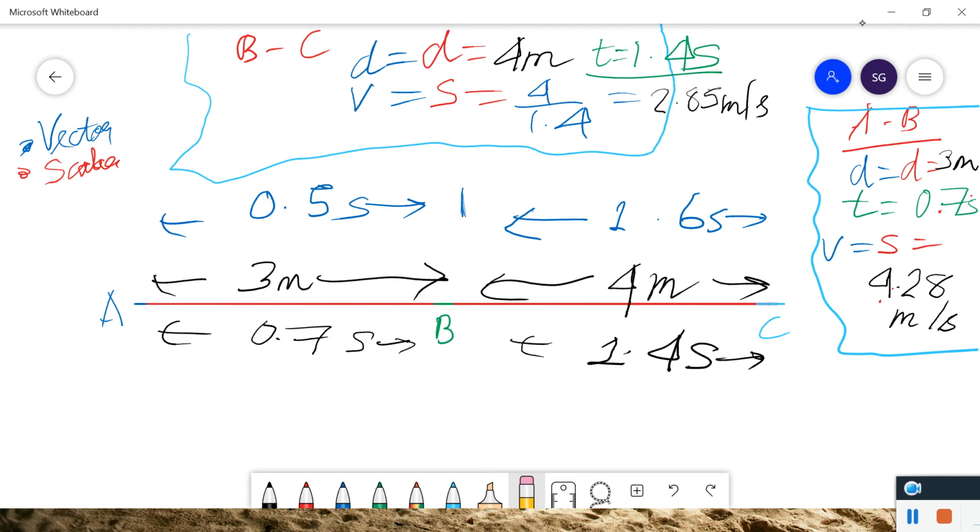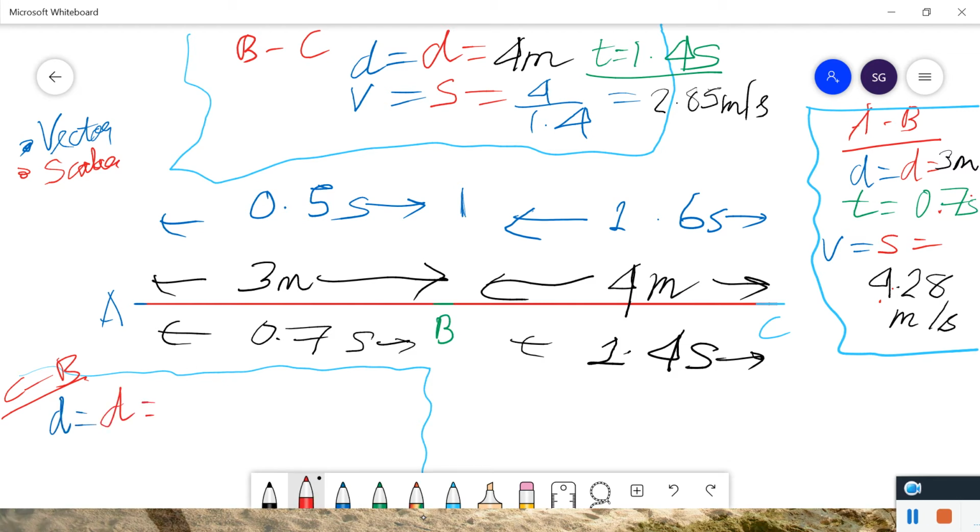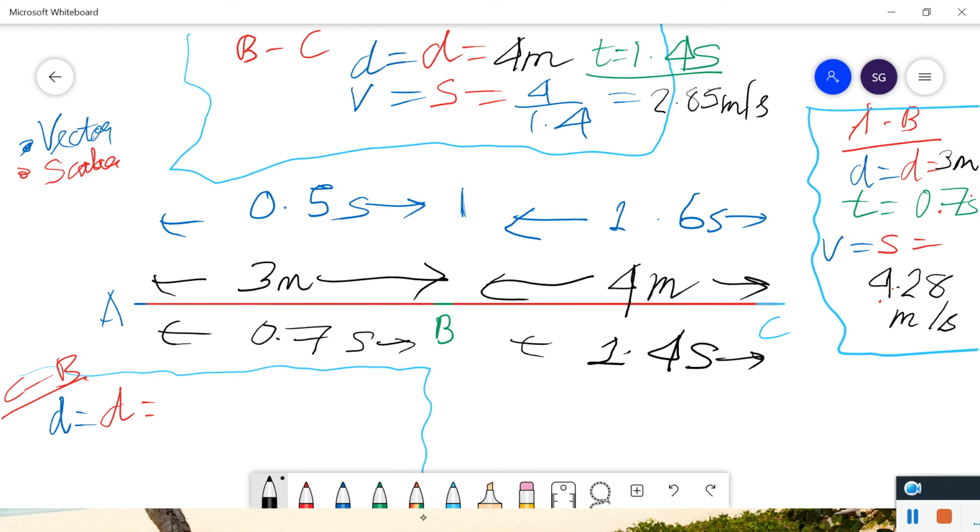Let's do analysis of B to C I have done, A to B I have done. Let's do analysis of C to B. Here we will see this. Distance is equal to displacement is equal to how many? 4 meters.